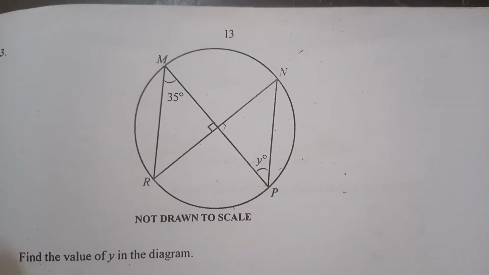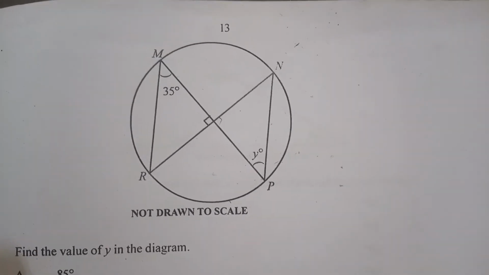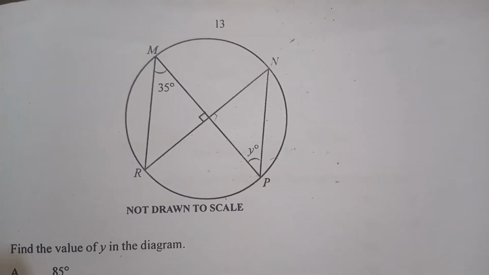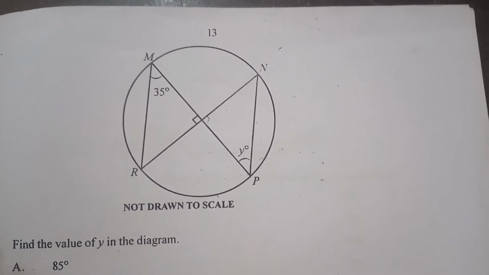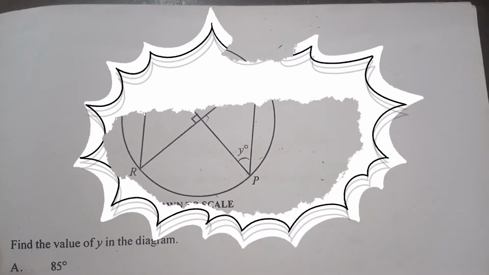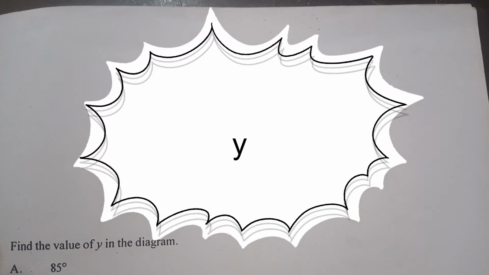The question shows a circle MNRP, and we have been asked to find the value of Y in the diagram below.